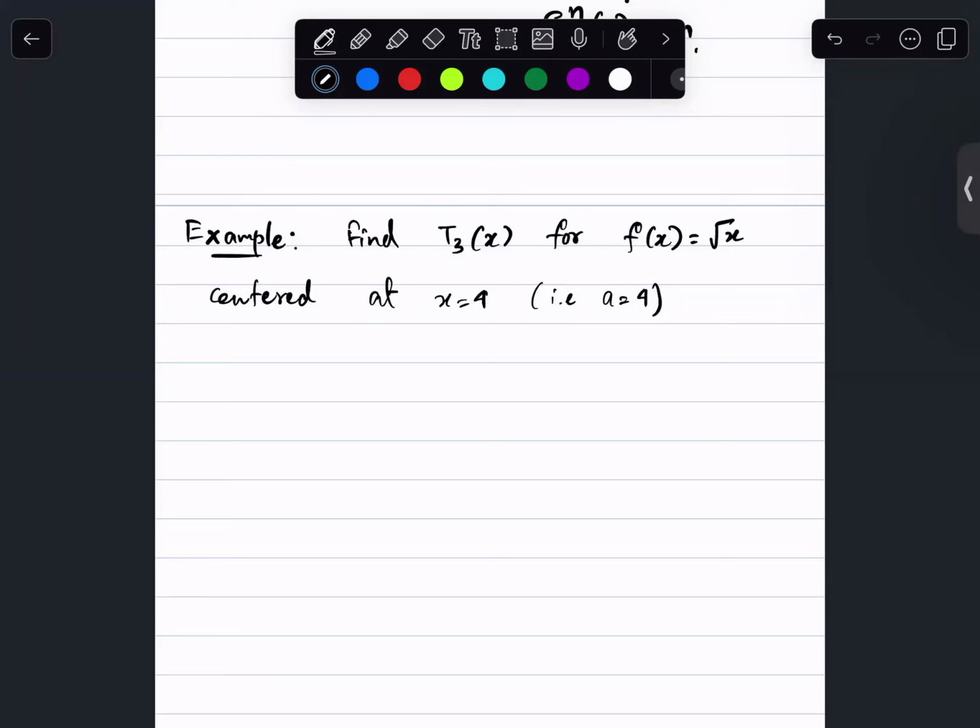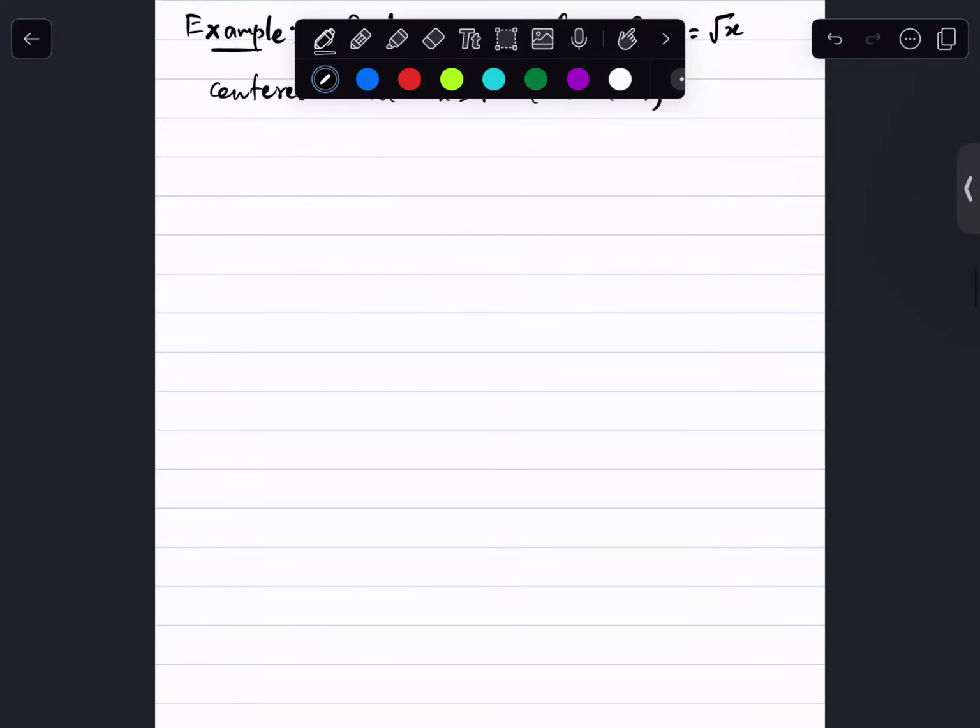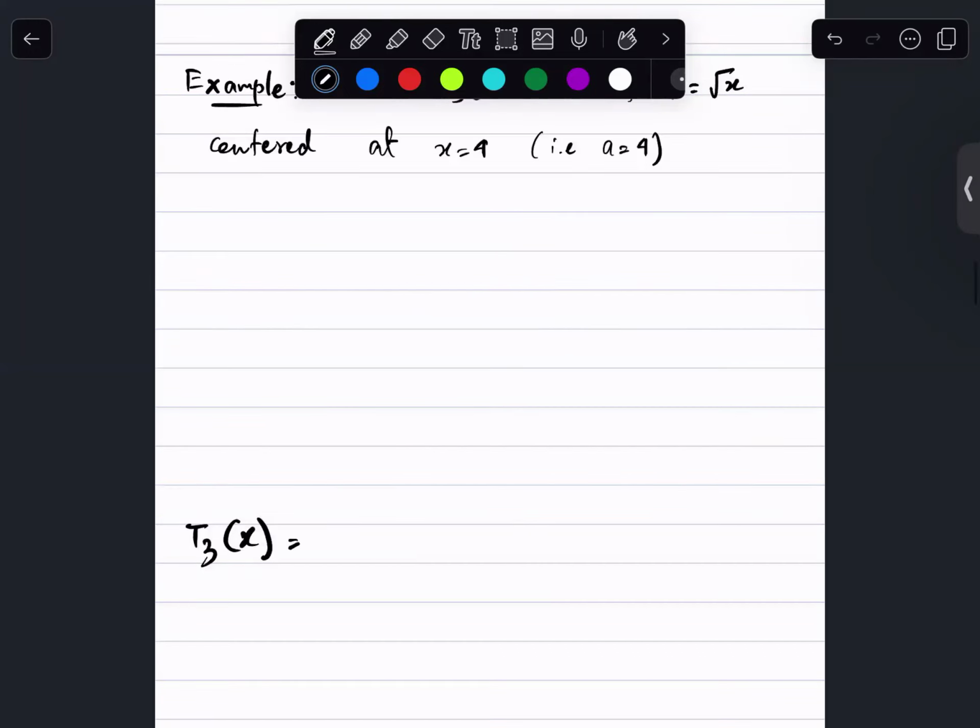Remember, my T3(x) has this form: f(4) plus f prime(4)(x minus 4) plus f double prime(4) over 2 factorial (x minus 4) squared.